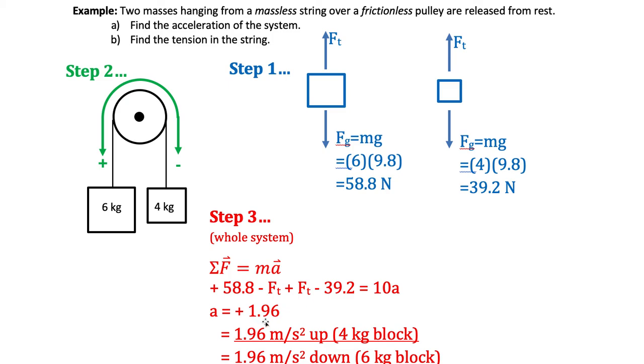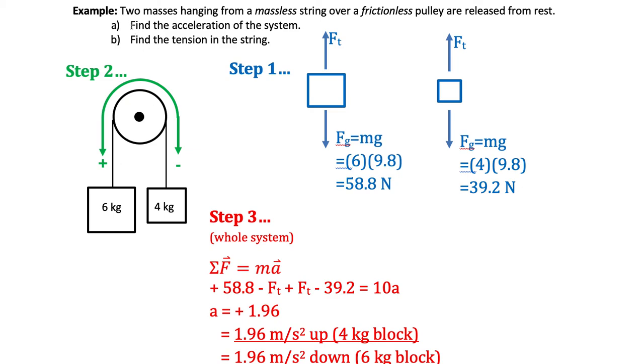And again, if we're putting that in a calculator, positive 1.96 is great. If we're reporting it to a human being, 1.96 meters per second squared up for the 4 kilogram block, because for this guy, up is positive, or 1.96 meters per second squared down for the 6 kilogram block, because for this guy, positive is down because of our axis of motion.